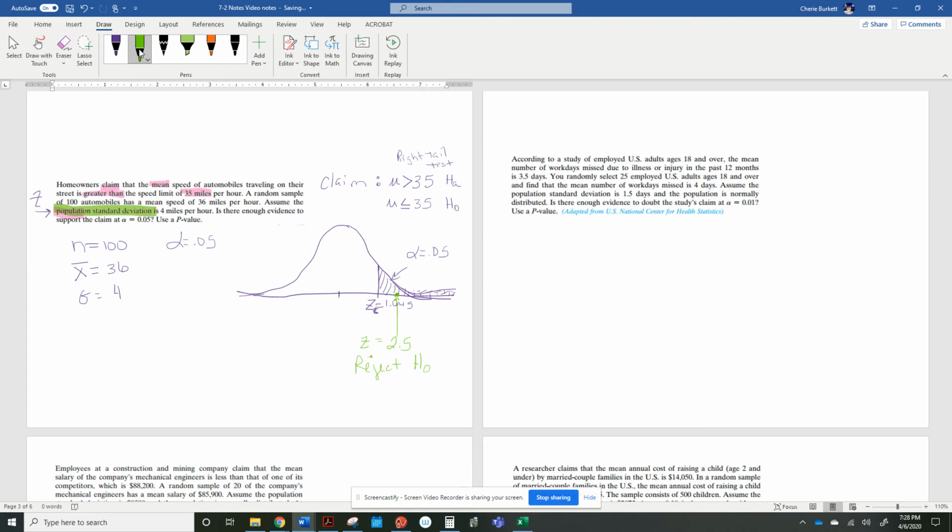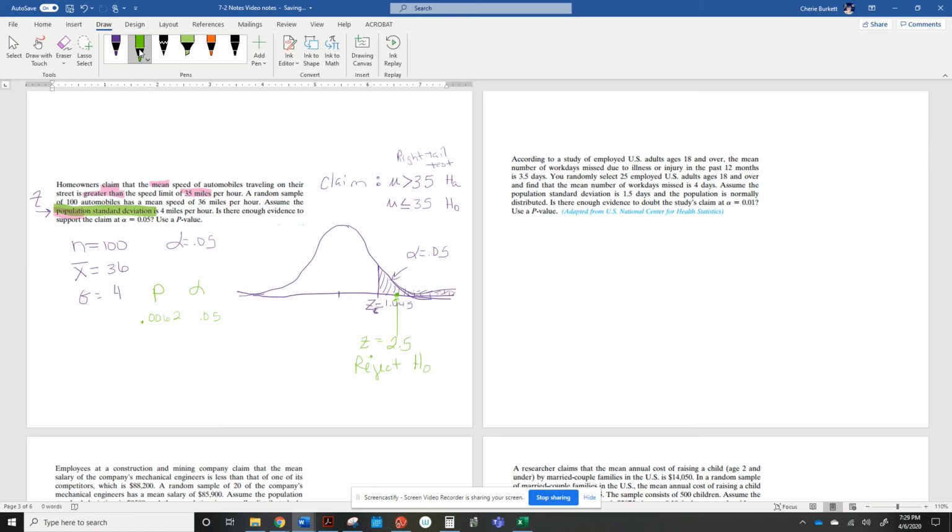We can also determine this by comparing our P to our alpha. Remember, StatCrunch said my p-value was 0.0062. My alpha is 0.05. Now, what symbol goes in between those? You always write the p on the left, the alpha on the right. This number has a 0 in the second spot.